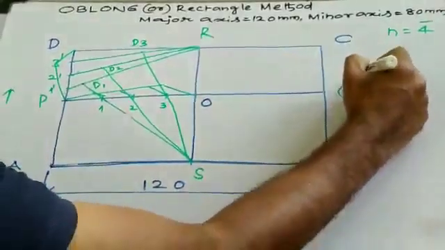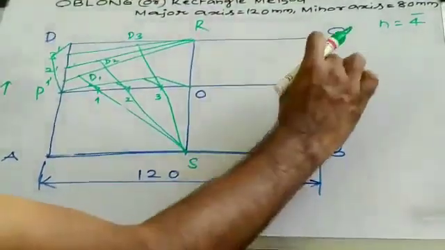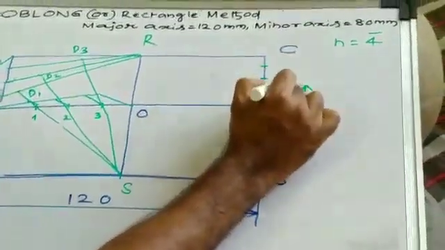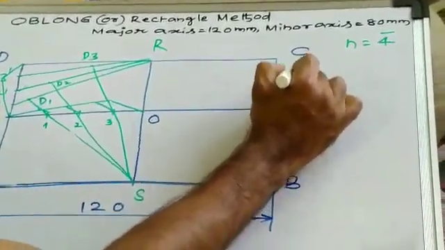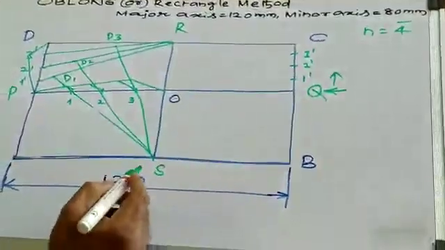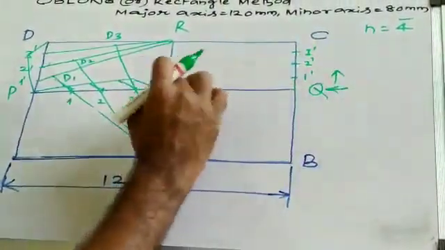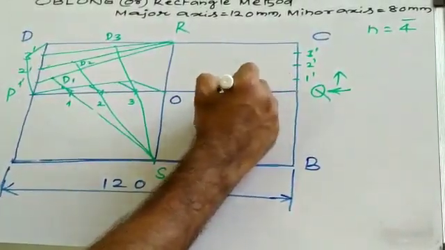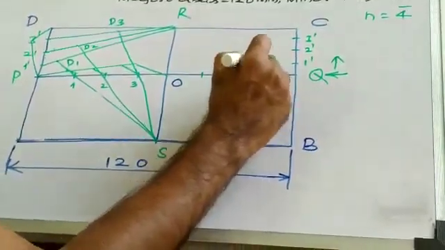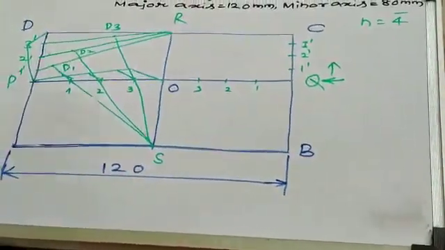Similarly, from Q in this direction and in this direction. So QC divided into 4 number of equal parts, 1 dash, 2 dash, 3 dash. Similarly, from Q to O, 4 parts, 1 dash, this is 1, 2, 3.